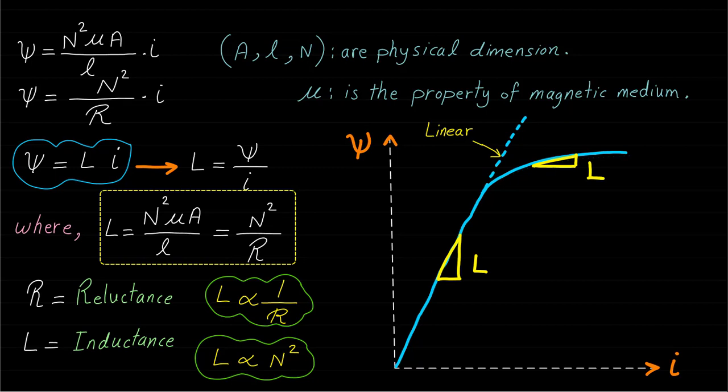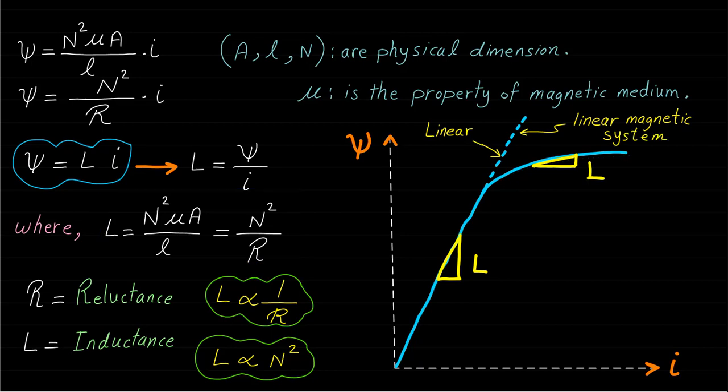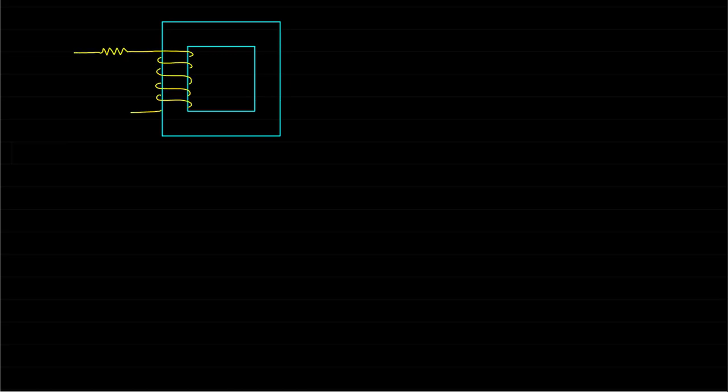If the saturation is ignored, a magnetic circuit can be called a linear magnetic circuit or a linear magnetic system. You may have noticed from the above magnetic circuit and the derivation of the inductance that the leakage magnetic fields have been neglected as part of some approximation. However, leakage magnetic fields can have a big impact on magnetic circuit applications such as transformers and rotating electrical machines.